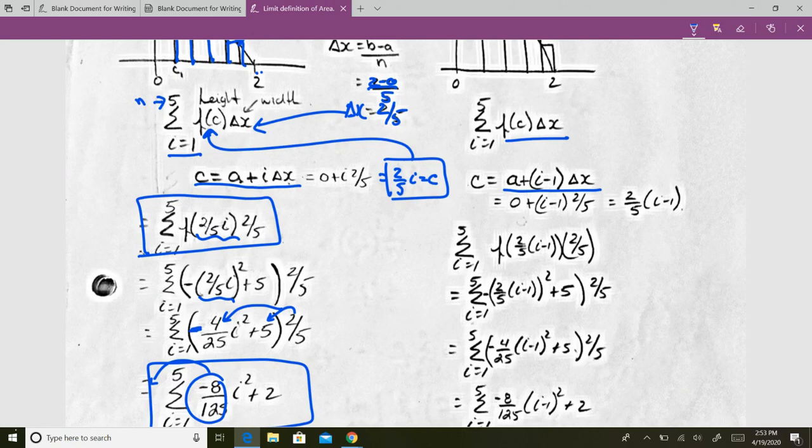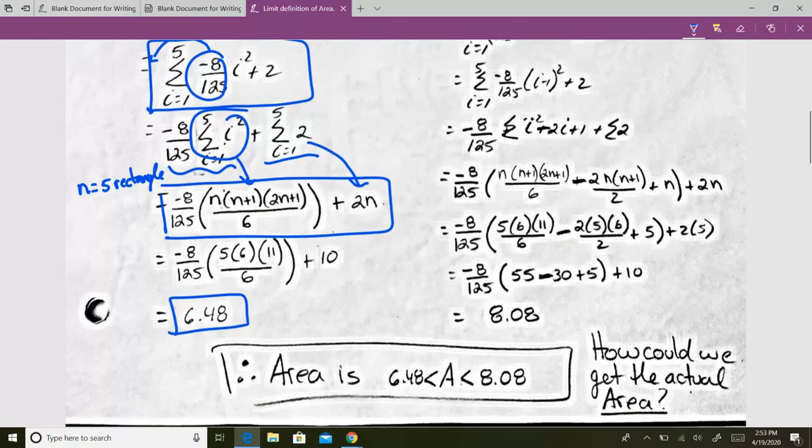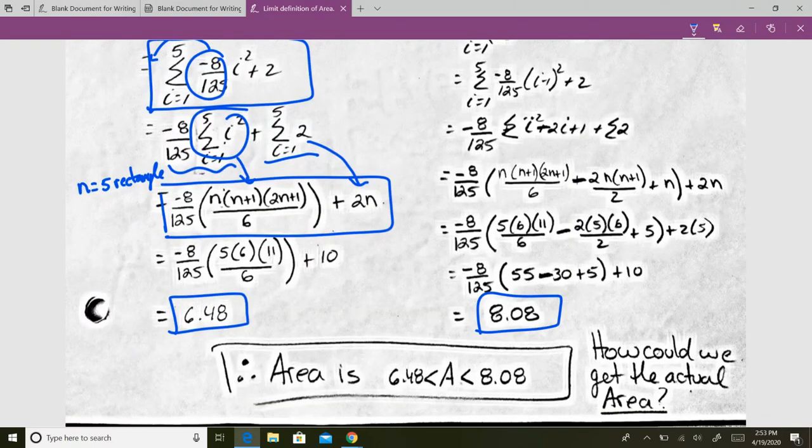A little trickier in the algebra, but this is your c, which goes in for your function. Delta x is still the same. You just have to put this into your function, negative x squared plus 5, which is this bit here. But if you follow all that algebra, you'll get 8.08. So if you use 5 rectangles, you get a range for your area. It is somewhere between 6.48 and 8.08.